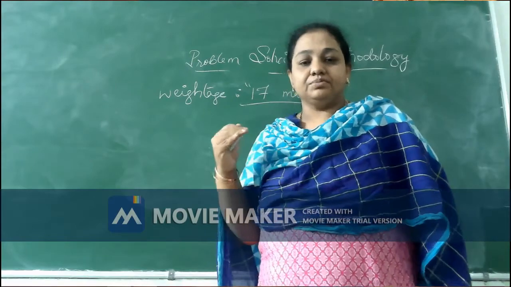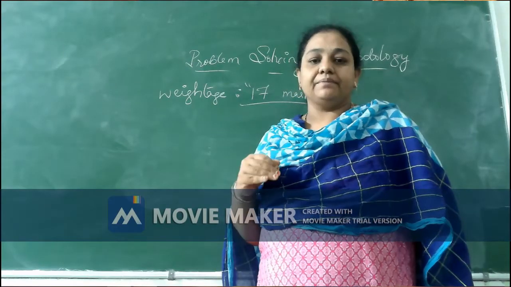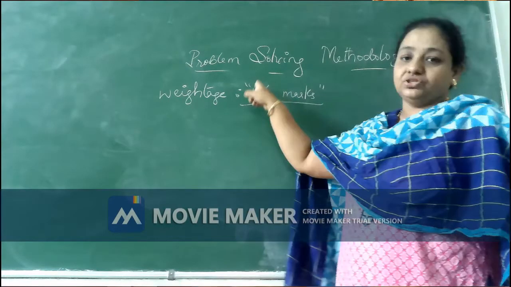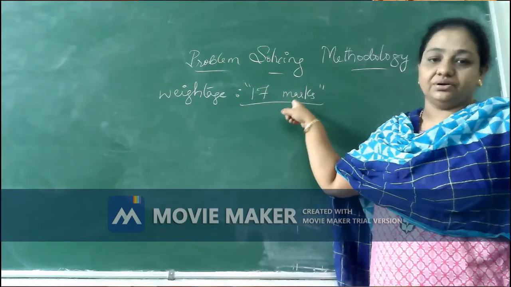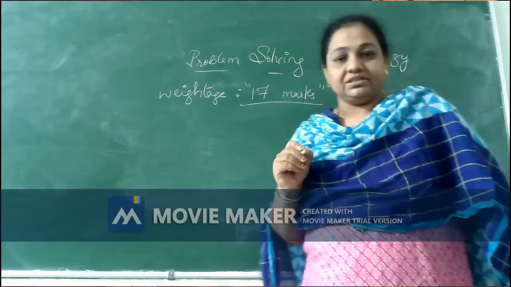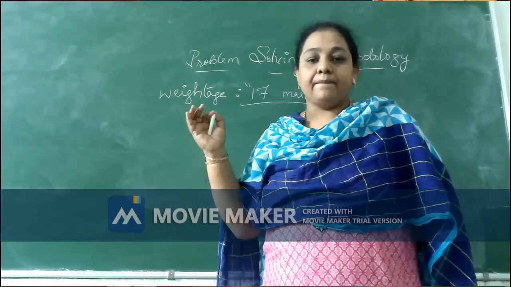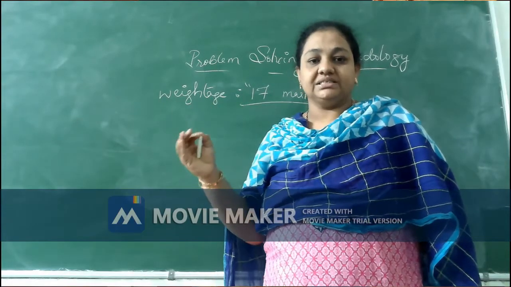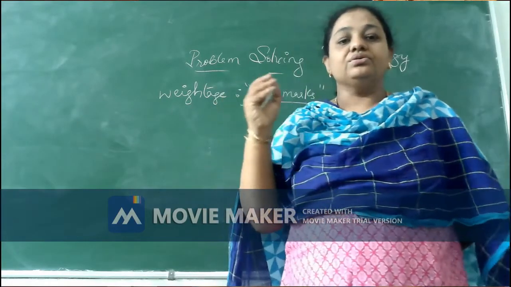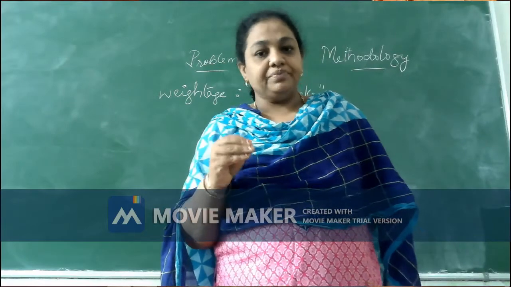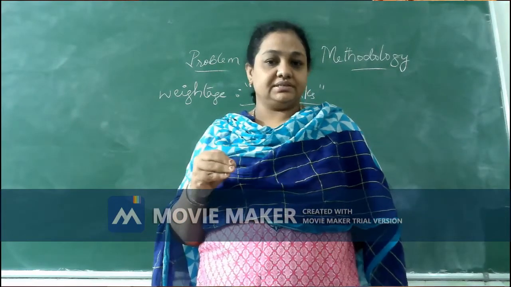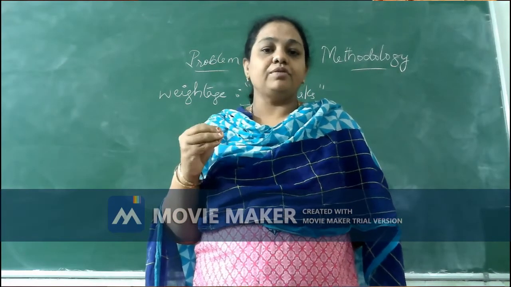So problem solving methodology, as informed earlier, carries 17 marks from your syllabus. That means for the annual exam, you will be getting questions of 17 marks from this chapter alone.